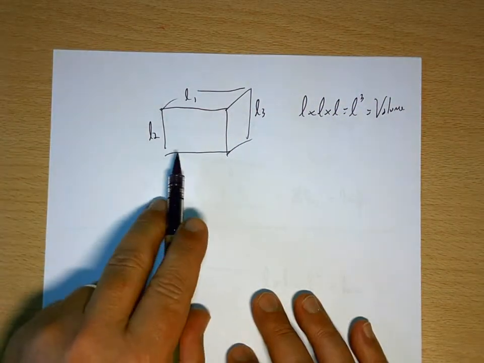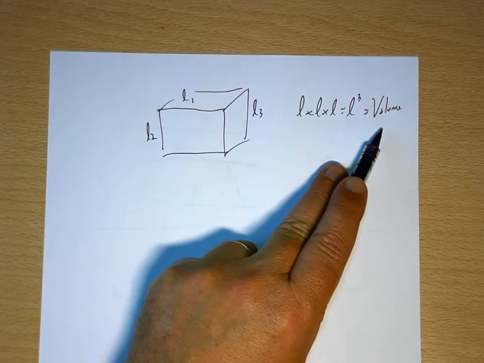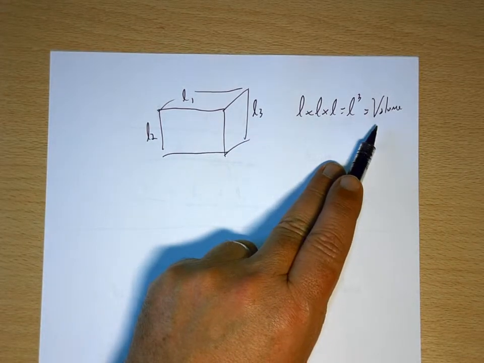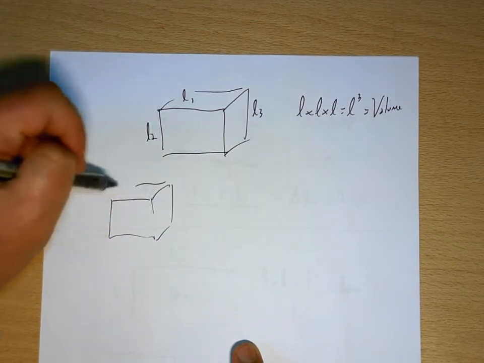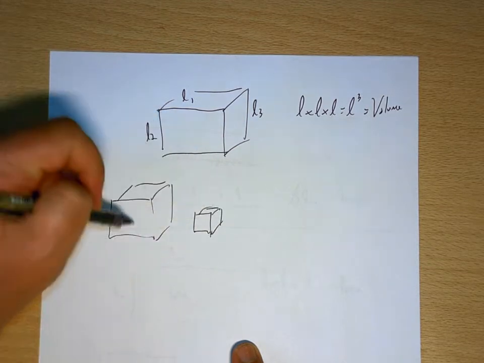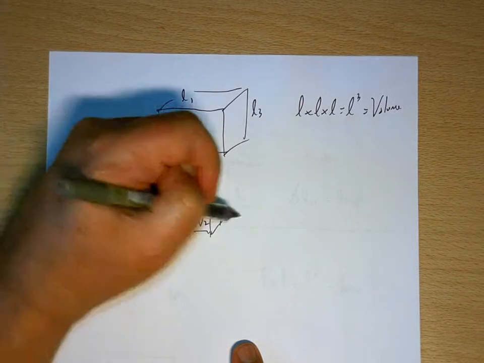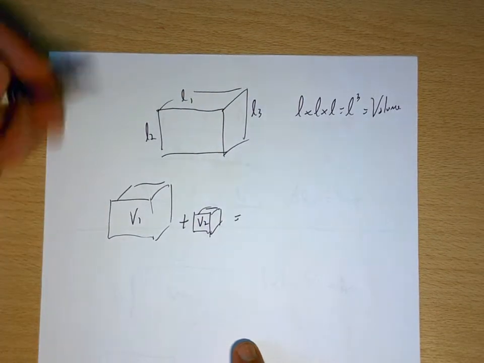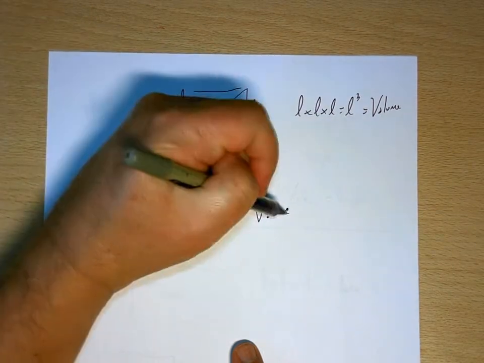So when we're multiplying 3 lengths together, that gives us a cubic, 3 dimensions, which is volume. And similarly, we are able to add volumes. So volume 1 plus volume 2 would be another volume.